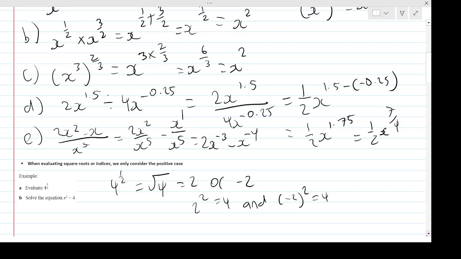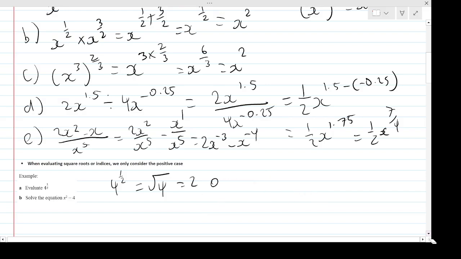However, when we are just evaluating or simplifying an index in this way, you only want to take the positive. That's how square roots work. So we do not want minus 2, we just want 2 in this case.